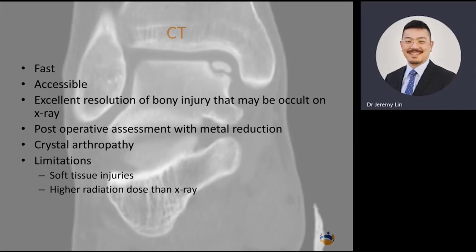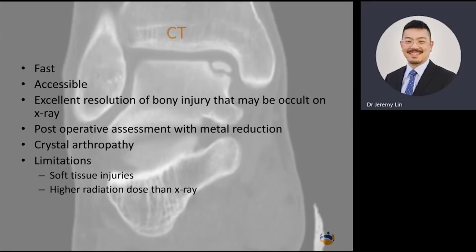It gives excellent resolution of the bony injuries that sometimes we can't see on X-ray. For example, later on when we get to some of the injuries around the foot, if it's a small avulsion fracture on X-ray, it can be missed. However, in that situation, we would use other diagnostic modalities such as CT to better resolve it.